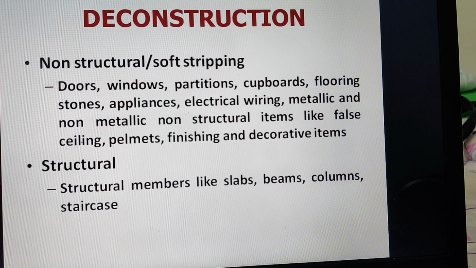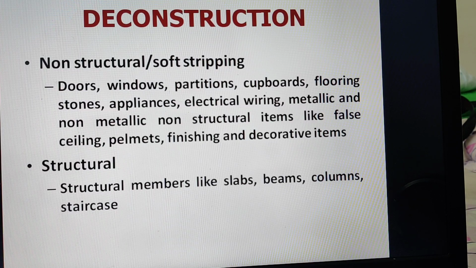Deconstruction may involve the non-structural part, what is called soft stripping, and then the structural part. Non-structural items may include doors, windows, partitions, cupboards, flooring stones, appliances, electrical wiring, metallic and non-metallic items like false ceiling, palmets, finishing and decorative items.